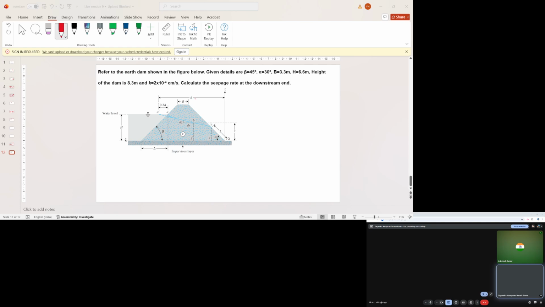Now how to calculate D? For this we need to carefully observe the figure. There are two parts here.